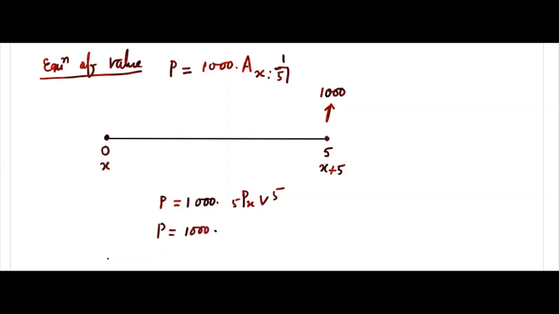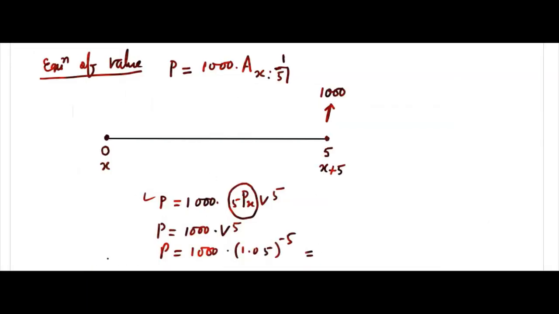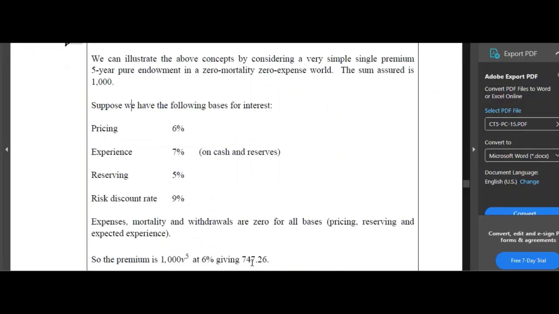Nobody will die, so the probability of survival is 1. All p's will be 1, all q's will be 0, because immortal. When you discount, here also discounting, but you are pricing, so you have to use 6%. And you will get this answer, 747.26.